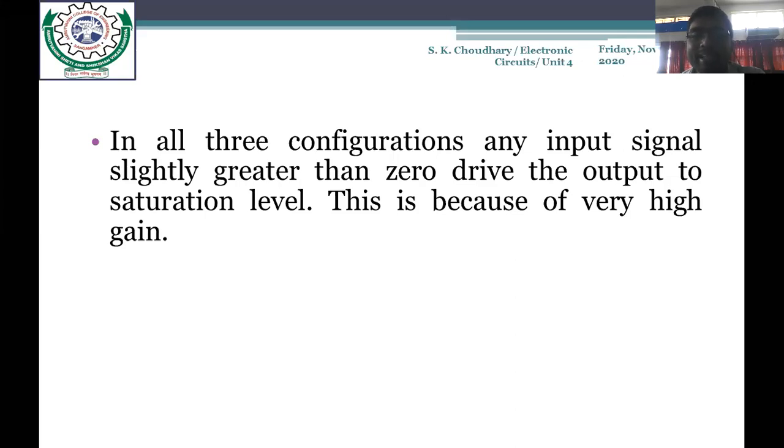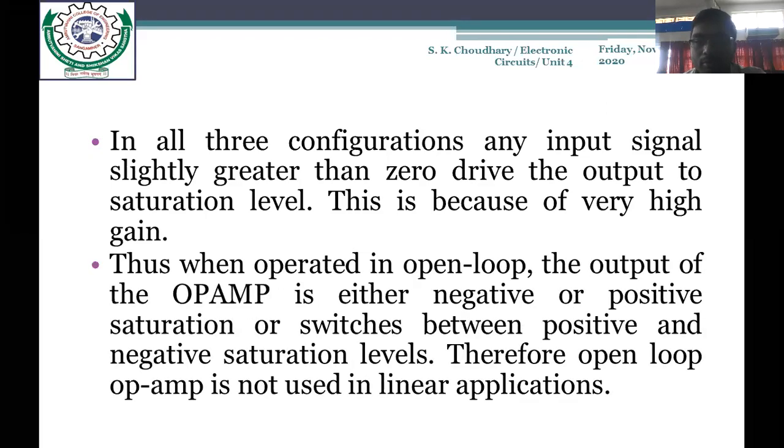In all these three configurations, any input signal slightly greater than zero drives the output to the saturation level. Why does this happen? If in any configuration the input is positive, your output will go into the saturation level. Why? Because the open loop gain of the op-amp is very high.